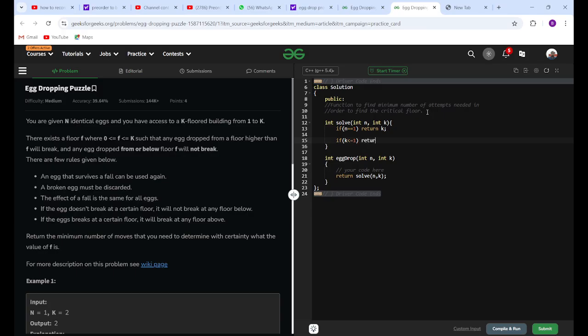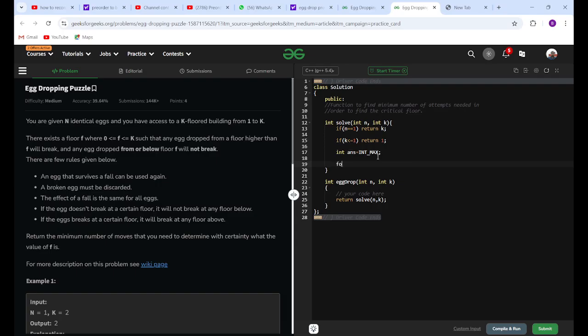So you return 1 if floor is less than or equal to 1. Then you make the answer value and initialize it with int max, because we need to find the minimum value, so initialize with maximum.